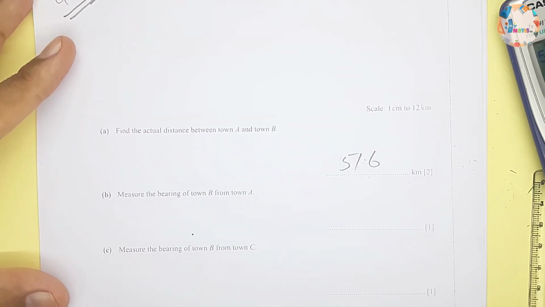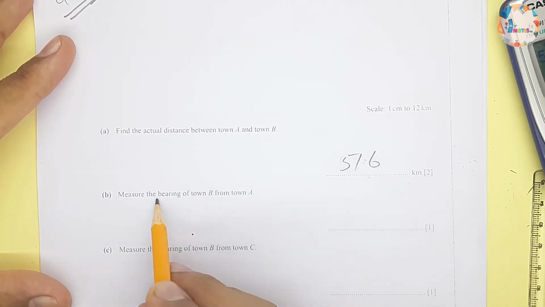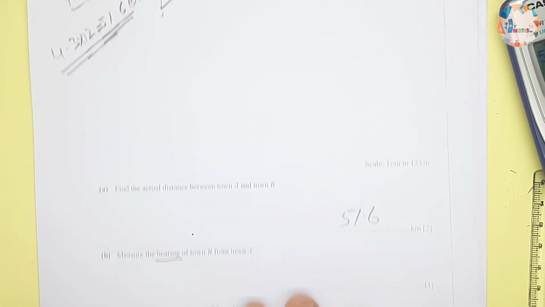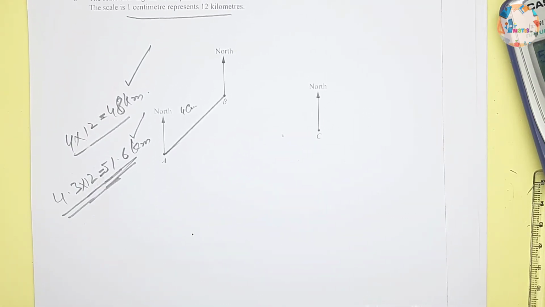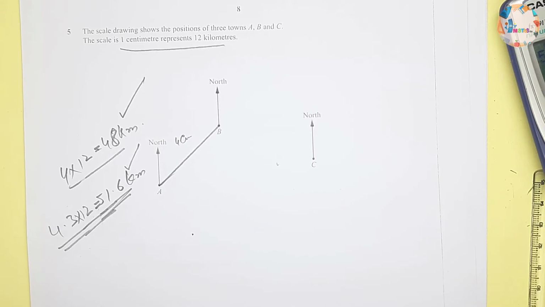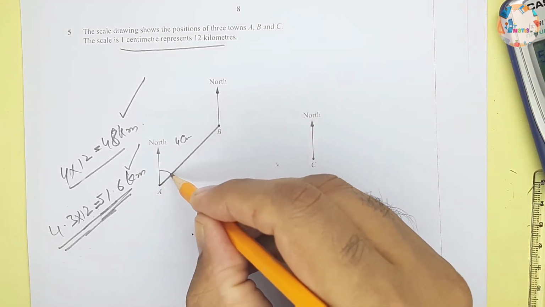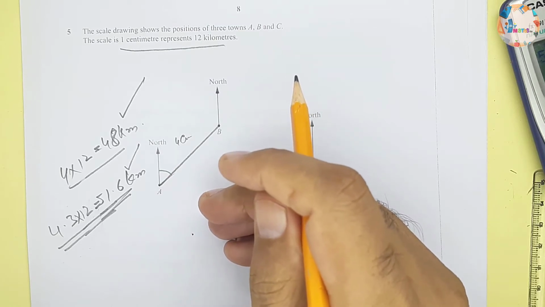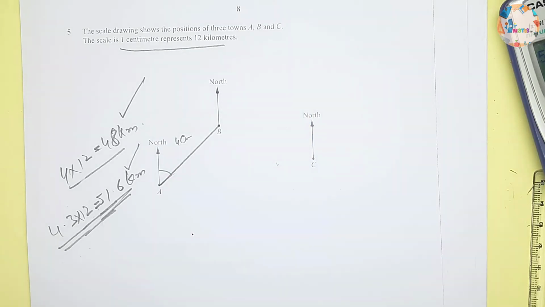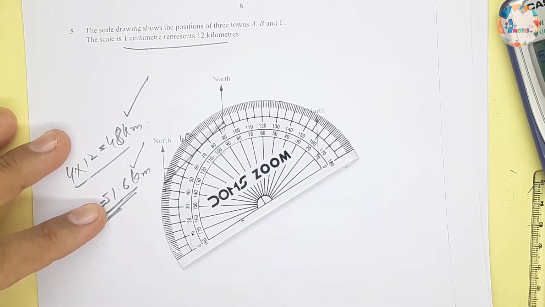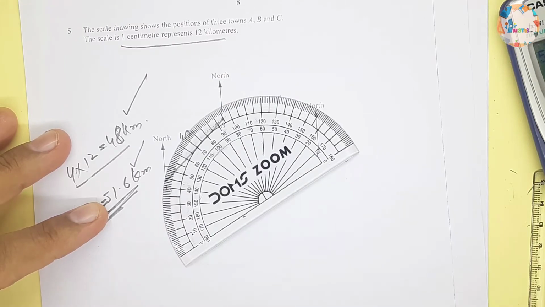Measure the bearing of town B from town A. Bearing will be an angle, so bearing will be accurate, it will not have a difference. So B from town A, B from A is this bearing. So to measure the bearing we will be using the protractor, so we can rotate the page if we need.